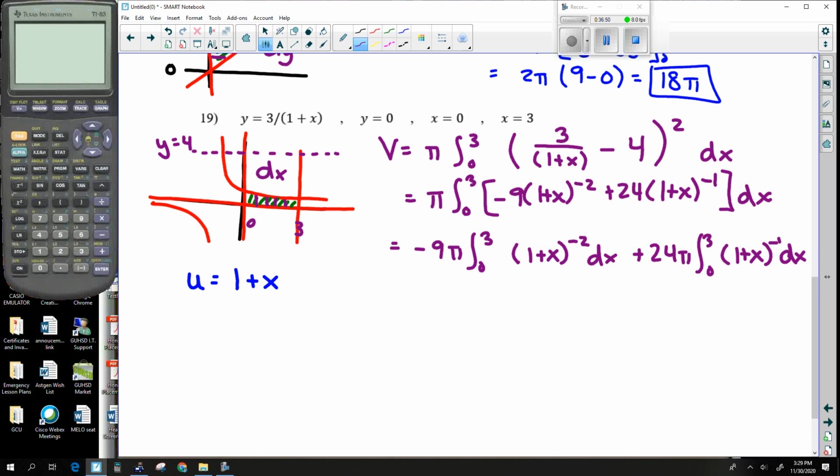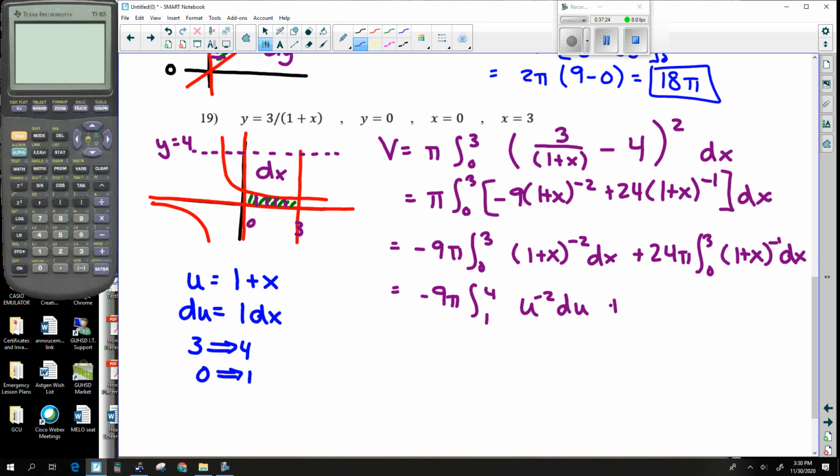So the first one, u is 1 plus x, du is equal to 1 dx. That's totally fine. 3 is manipulated to 4, 0 is manipulated to 1. So -9 pi from 1 to 4 of u to the -2 du plus 24.